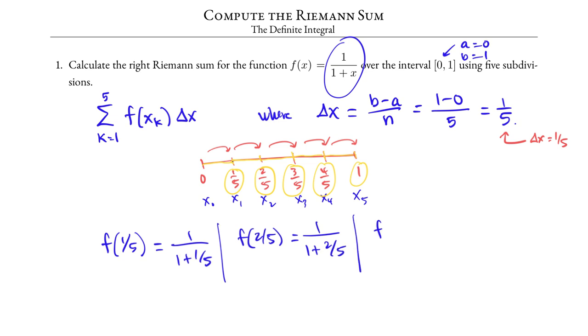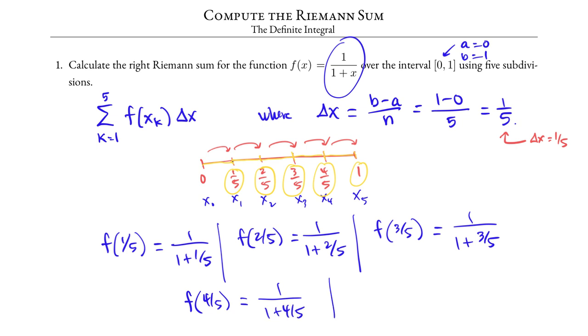For the next subdivision, we will use the height f of 3/5, which is 1 over 1 plus 3/5. Similarly, for the fourth interval, we use the right endpoint 4/5. Plug it into the function, we have 1 over 1 plus 4/5. And lastly, f of 1 equals 1 over 1 plus 1.